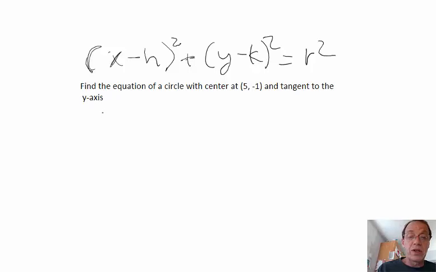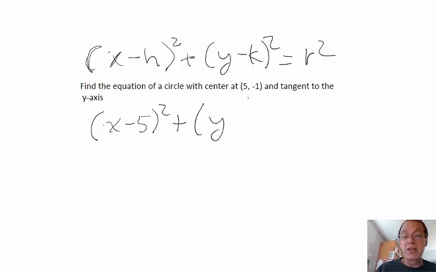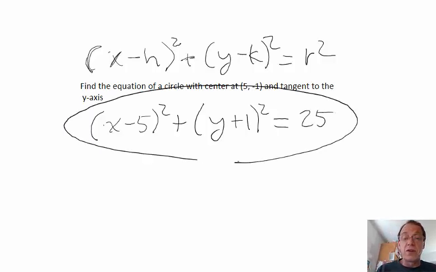So now we're just going to plug in 5 and -1 into there, which is x minus 5 quantity squared plus y minus a -1, which is plus 1, squared equals, we said that the radius is 5, so 5 squared is 25. So there's our standard form of the equation.